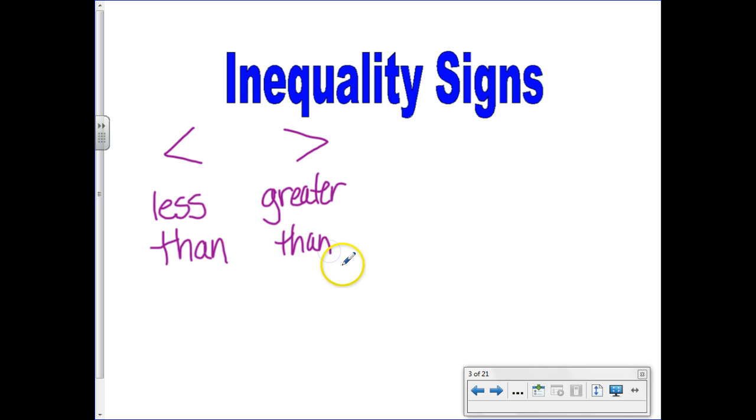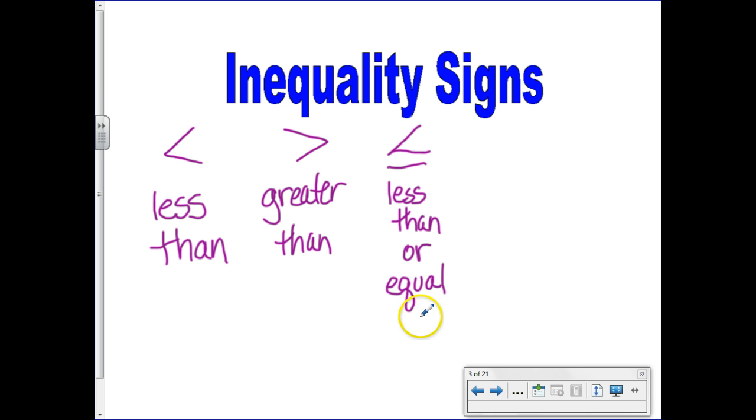But there are more. And here are the little tweaks that we put on here. So you have less than and greater than. Then we have this one, which means, again, less than, but it also combines with it an equal sign by putting that horizontal bar underneath. So this one means it could be less than or it could be equal to.